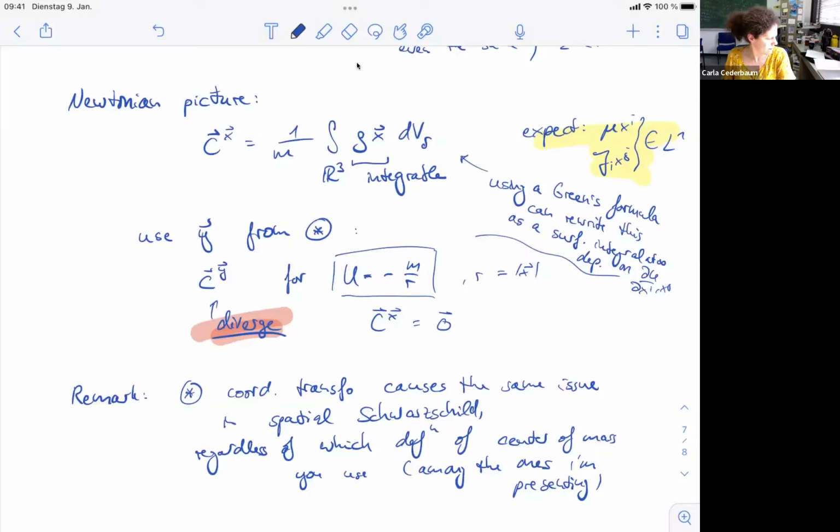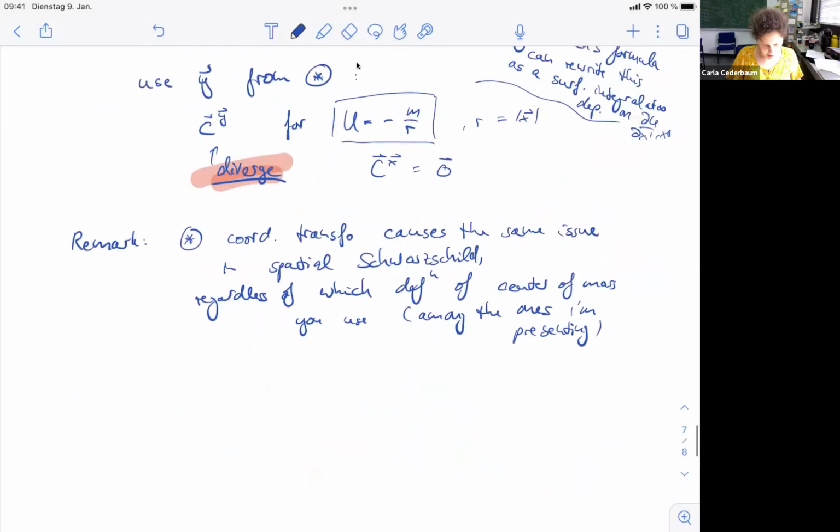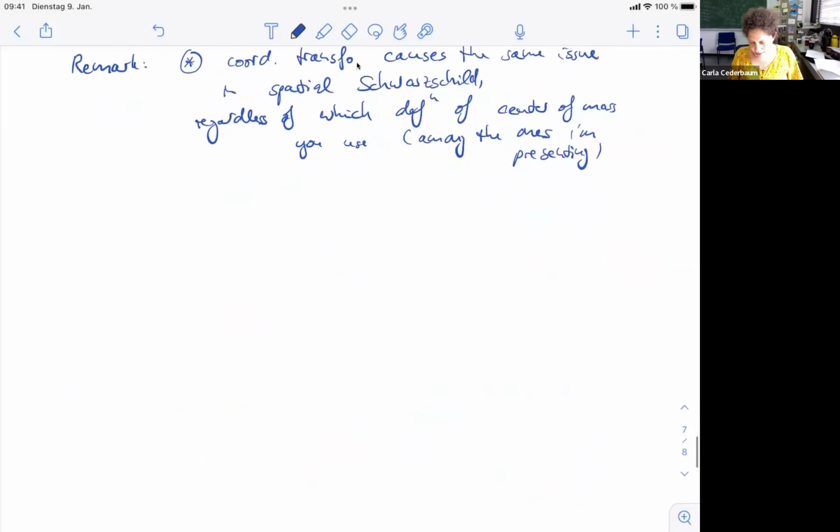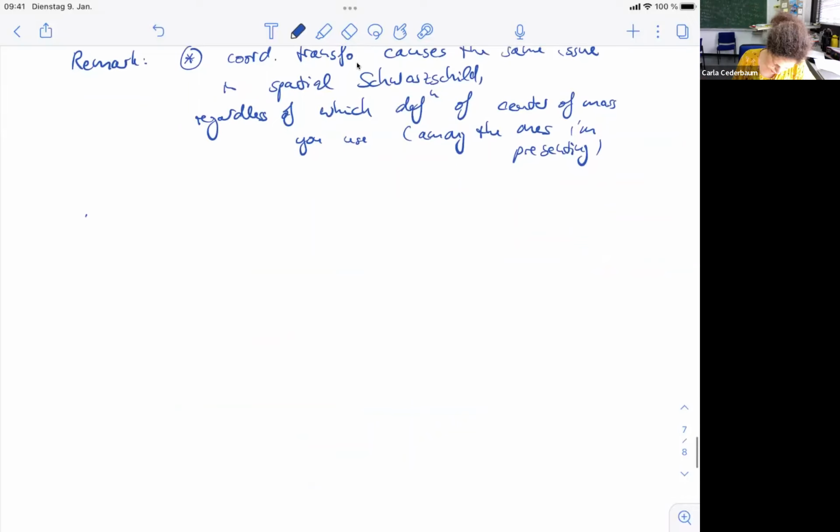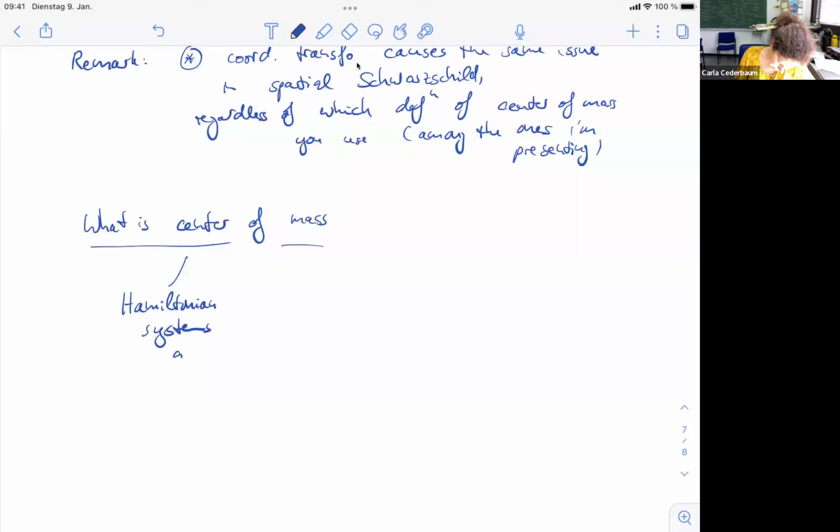So then let's say, what definitions of center of mass are there? So what is center of mass? There are several approaches, and today I want to focus on two. One is the Hamiltonian systems approach, similar to the ADM one that I talked about before.